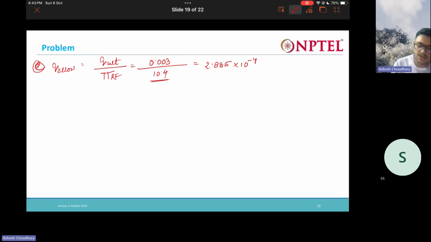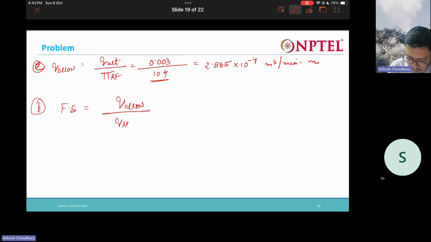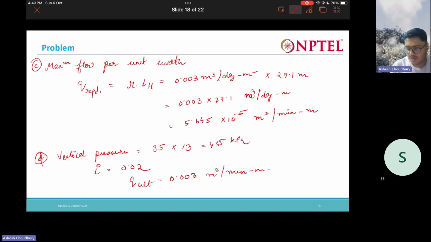This is the total reduction factor, okay? Cumulative reduction factor, meter cube per meter. Therefore, the final factor of safety is what? Q allowable by Q required, which is 2.885. Required is this much.